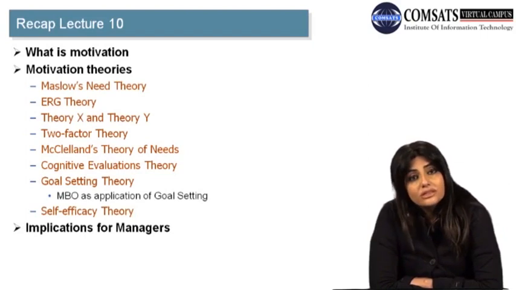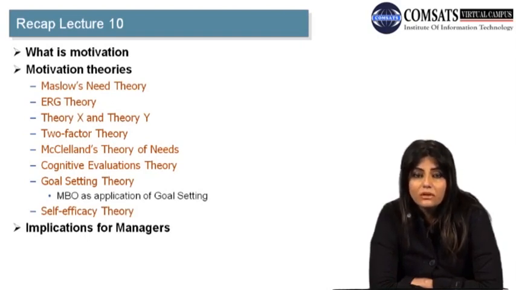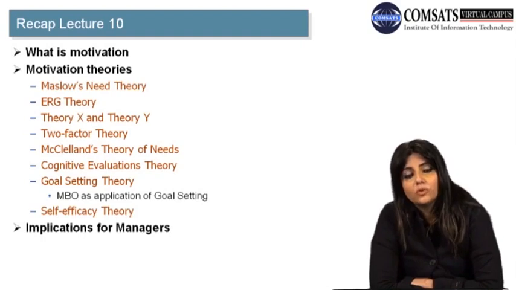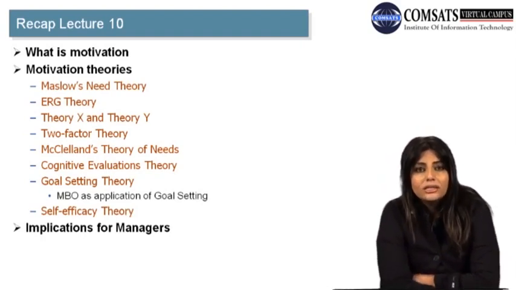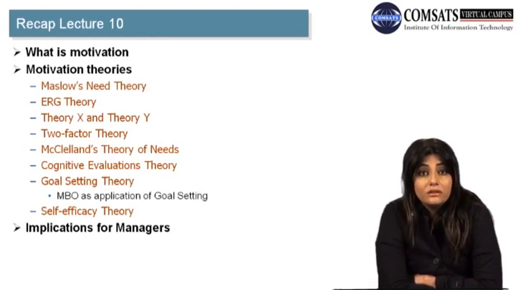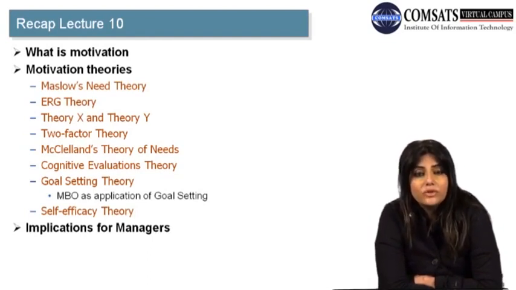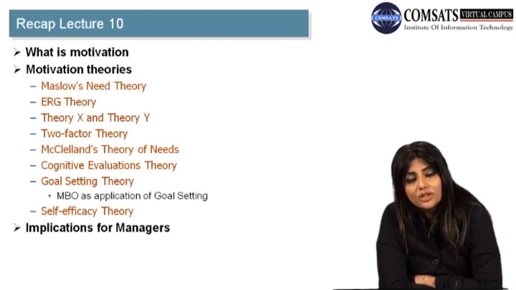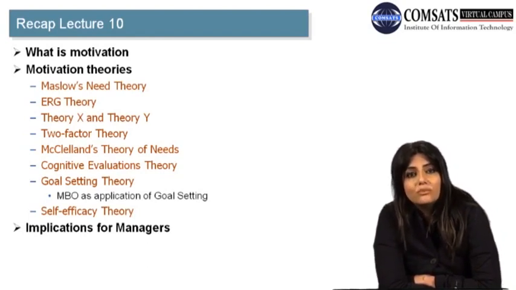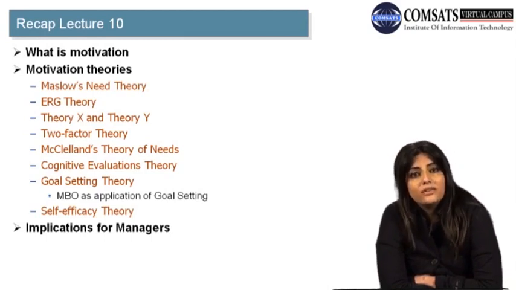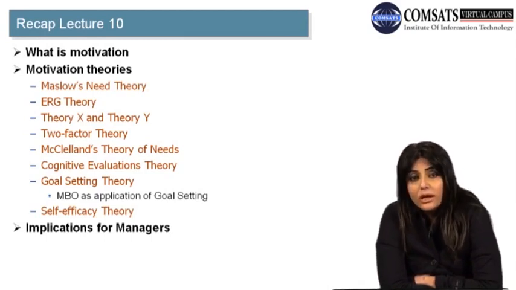The cognitive evaluation theory has gained a lot of popularity in the literature on management, human resource management, and also in organizational psychology and organizational behavior. The theory divides motivation into intrinsic and extrinsic motivation, and explains how extrinsic motivation can undermine the intrinsic motivation of individuals.